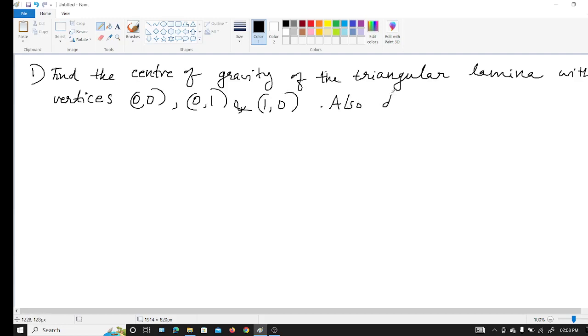Also, the density function is given as delta xy equal to xy.